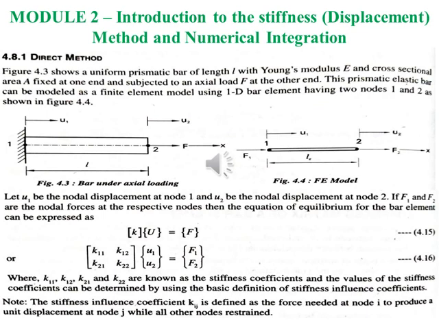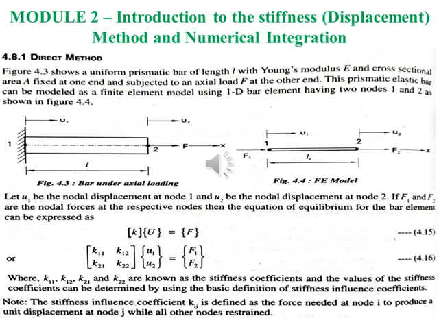So let u1 be the nodal displacement at node 1, u2 be the nodal displacement at node 2, let f1 be the nodal force acting at node 1 and f2 be the nodal force acting at node 2. Then the equation for equilibrium of this bar element can be expressed as k into u is equal to f, wherein k is the stiffness matrix, u is the displacement matrix, and f is the force matrix.